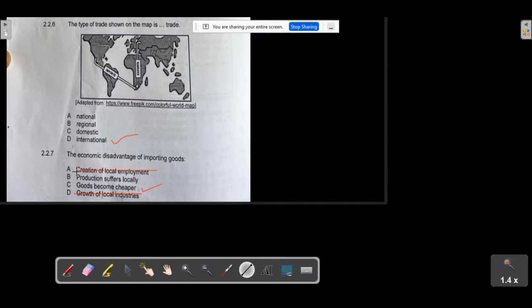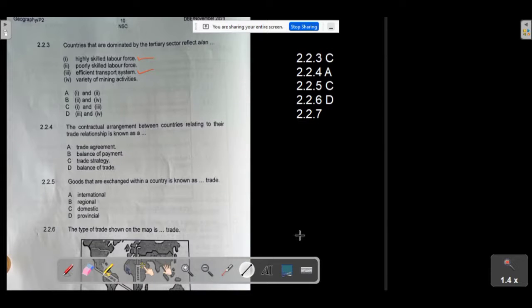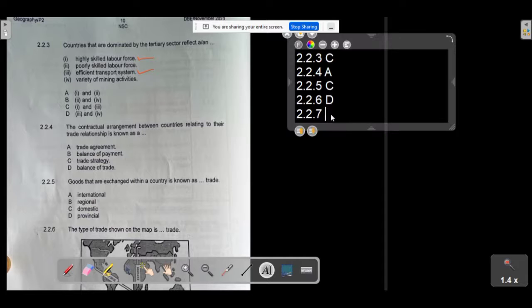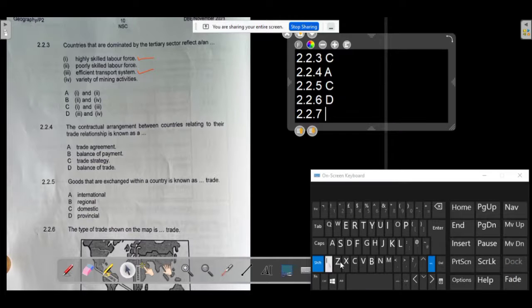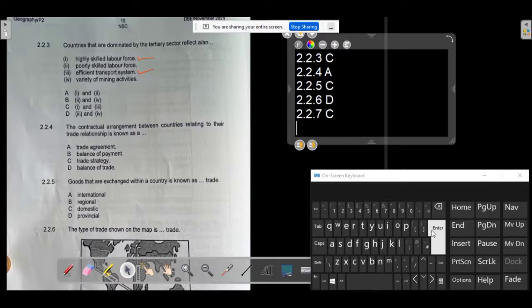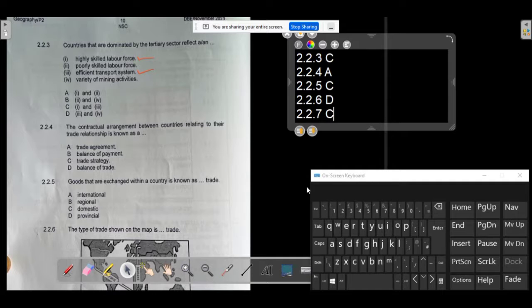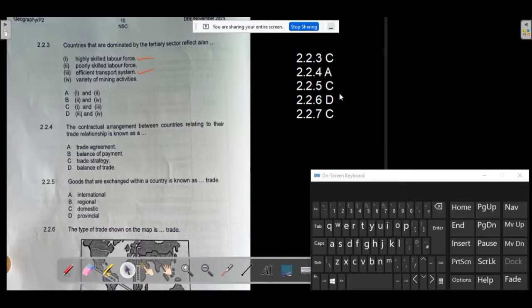So yes, indeed, goods become cheaper. That's what I would go with. So for 2.2.7, I'm going with C, guys. Let me know if you think I'm wrong there.